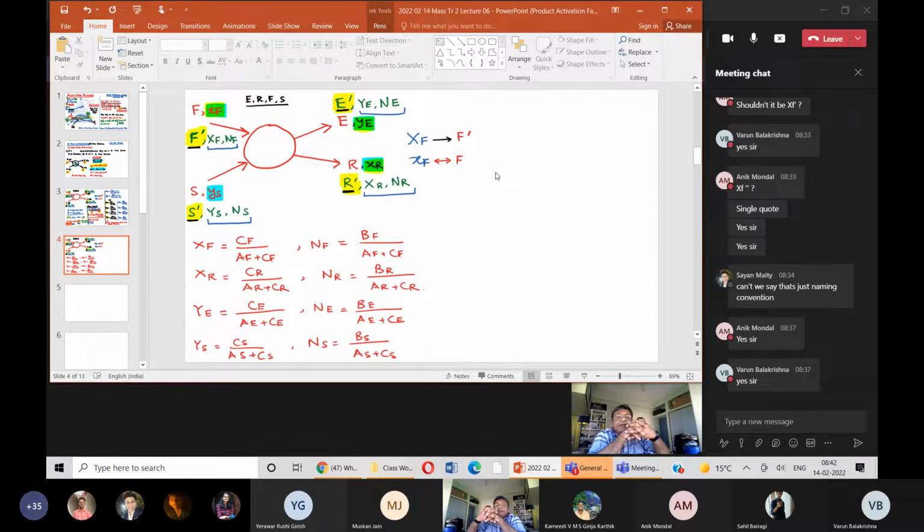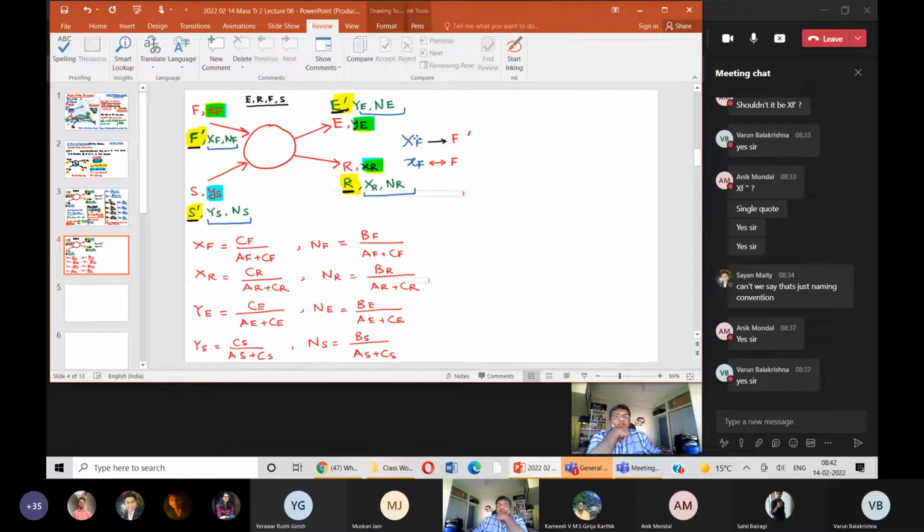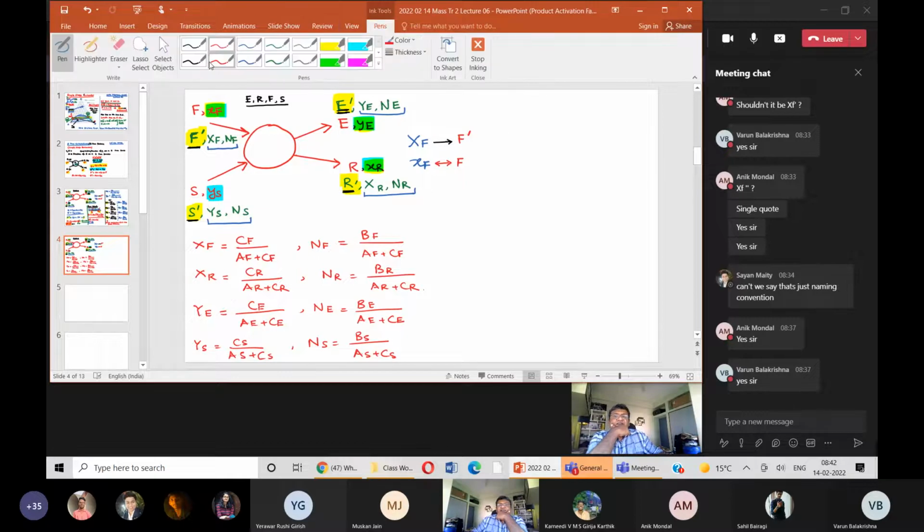You can straight away tell. The value of 3 are known, assuming it to be a pure solvent. Can you please tell me which 3 are known?